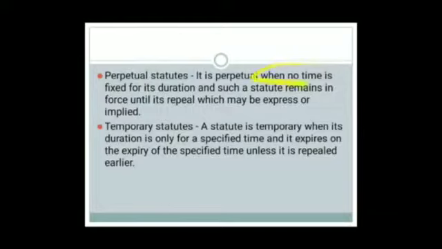One for which no time is fixed for its duration. And what is a temporary statute? A statute is temporary when its duration is only for a specified time, and it expires on the expiry of the specified time unless it is repealed earlier.